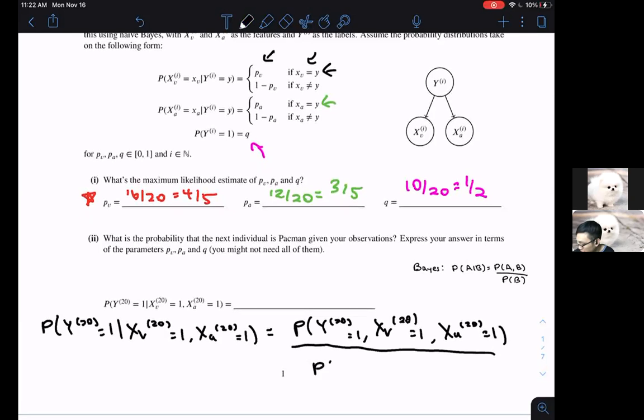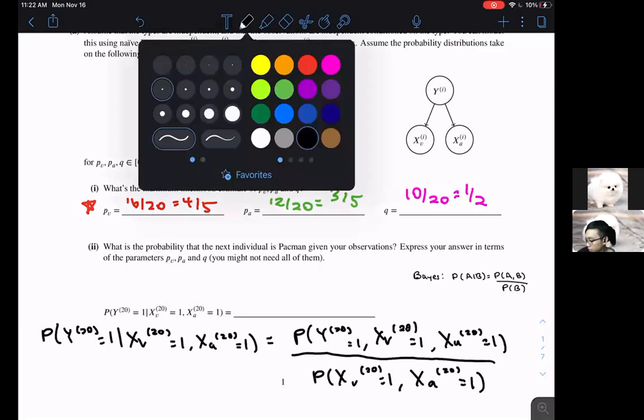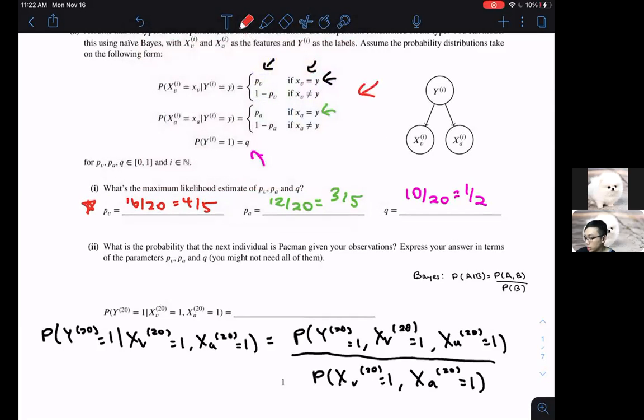So that's the probability of XV20 is equal to 1, and then XA20 is equal to 1. Okay, so now we can use the values in our distribution at the top right here to plug in values and figure out where we're at.